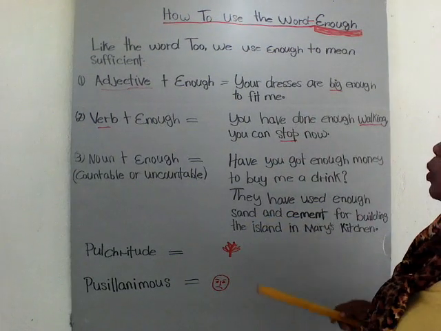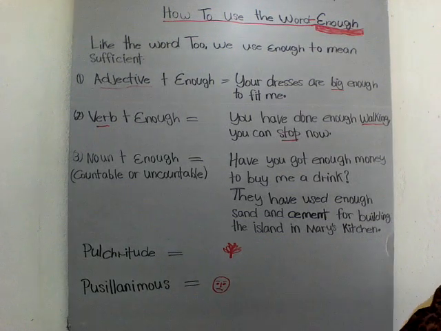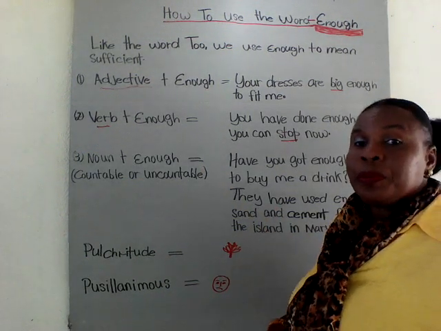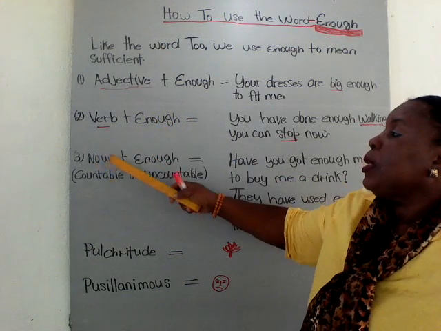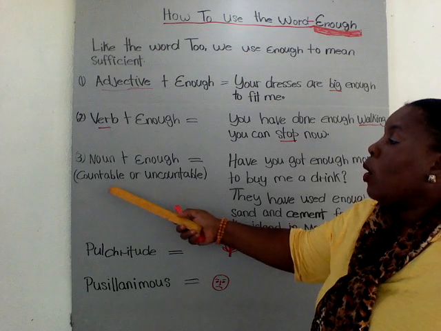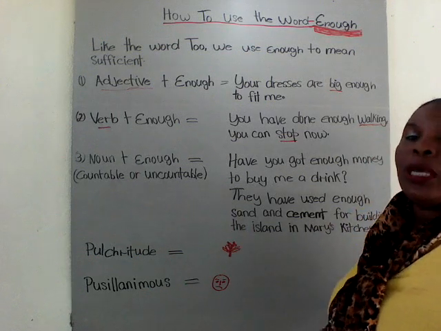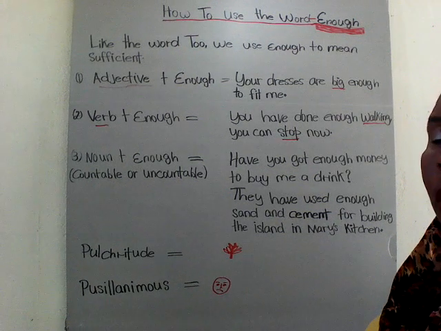All right, so that is noun plus the word enough. So you see, this word enough can be used in adjectives, in verbs, and with nouns. And this is not only noun but countable or uncountable noun. And money would be considered a countable noun.